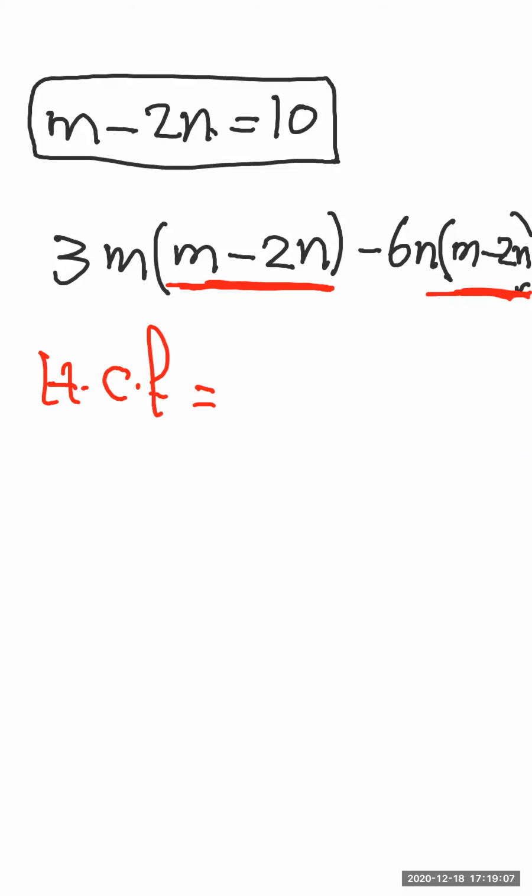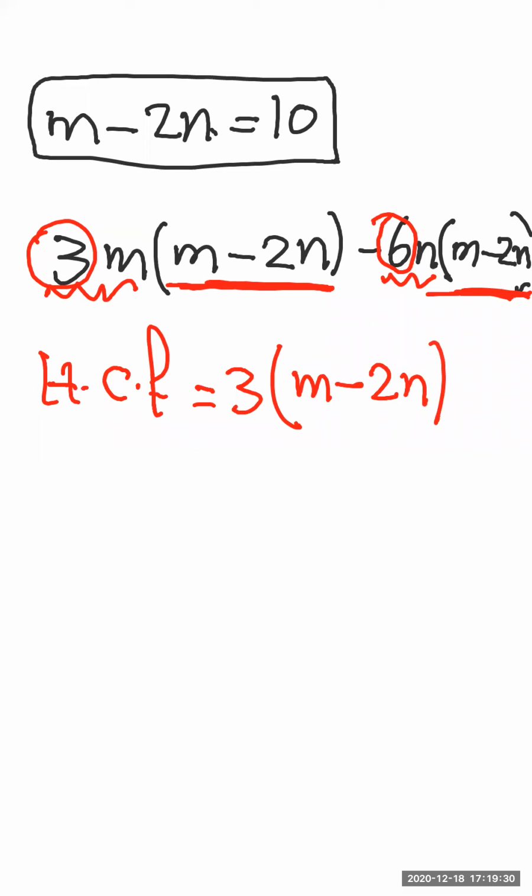Take care: 3m, 6n, so 3 and 6. Is there a common factor here? Yes, of course, it's 3, because 3 and 6 are divisible by 3. So the highest common factor will be 3 times (m minus 2n). Now write down this highest common factor: 3 times (m minus 2n).